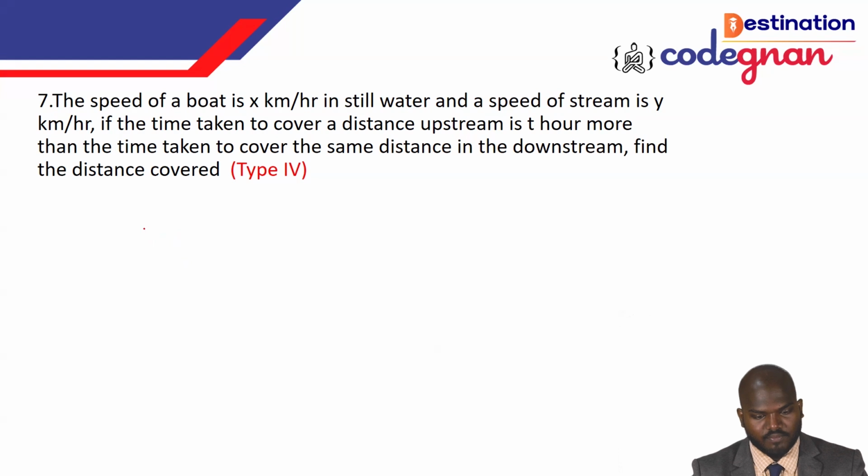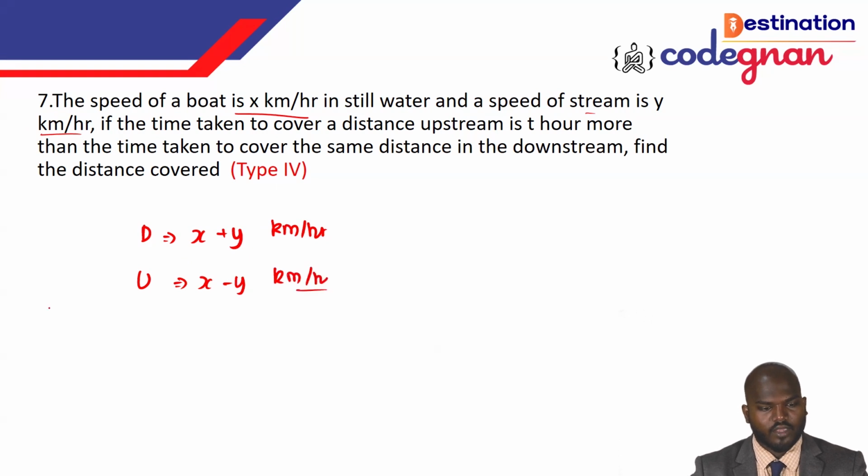You can take the downstream speed as x plus y, because the speed of the boat is x and the speed of the stream is y. The downstream speed is x plus y km/h, and the upstream speed I can call x minus y km/h. I don't know how much distance is covered.